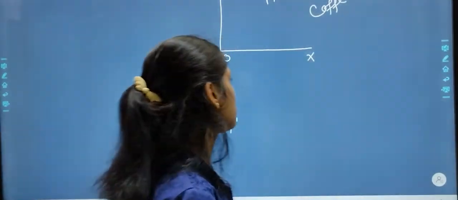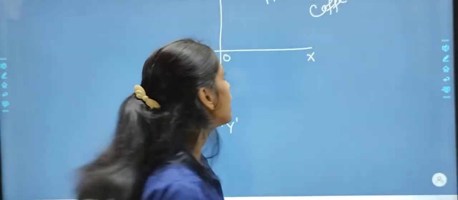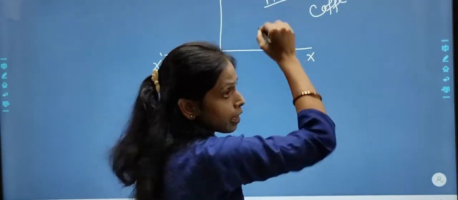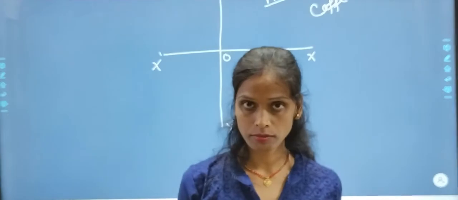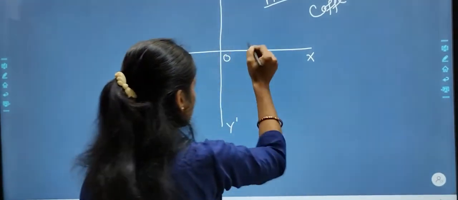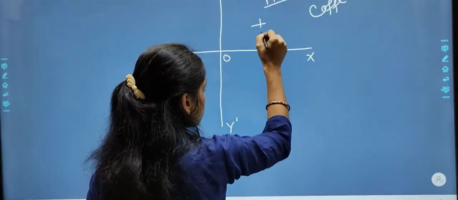Okay. Then add means what? A. And A means all the trigonometrical functions in the first quadrant will be positive.